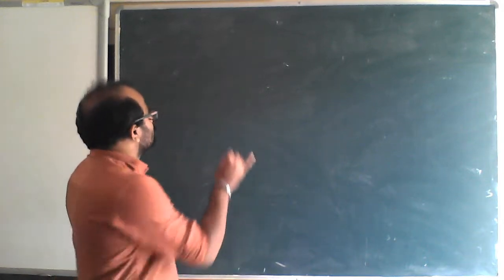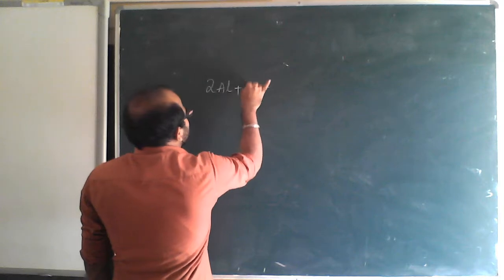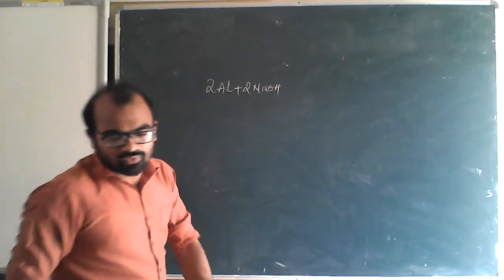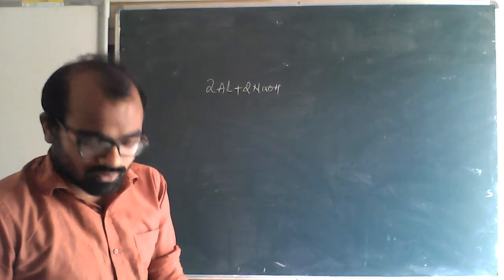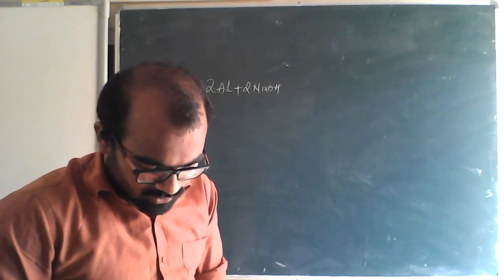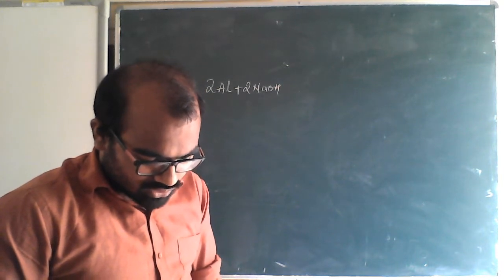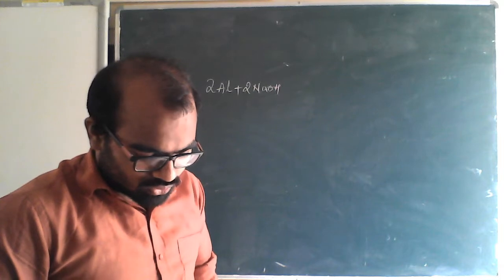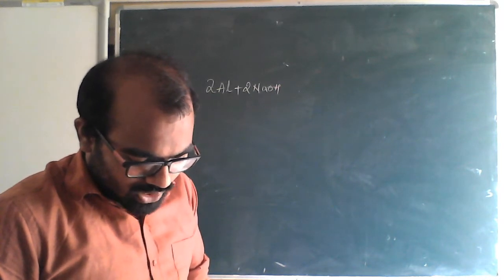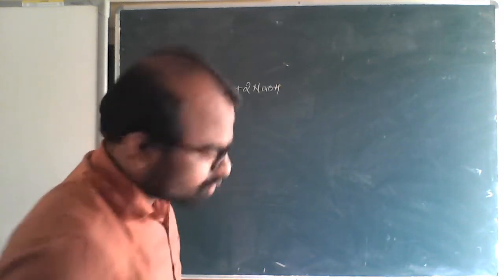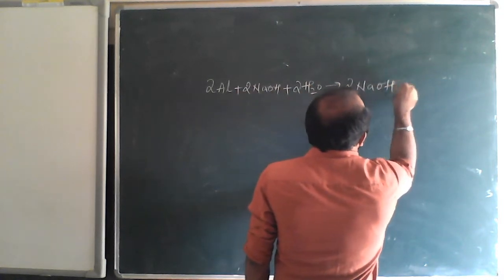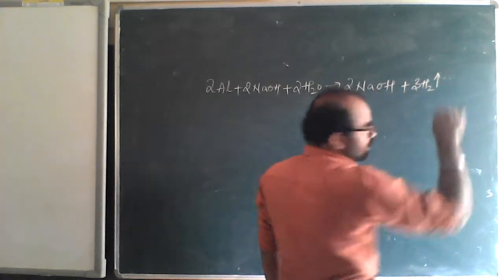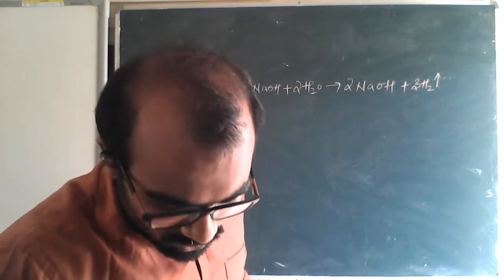I will write the equation from the book: 2Al plus 2NaOH, and then what is the reaction of metals with alkali? 2Al plus 2NaOH plus 2H2O will give you 2NaOH plus 3H2. Okay, so this is one reaction, that is reaction of metals with alkali.